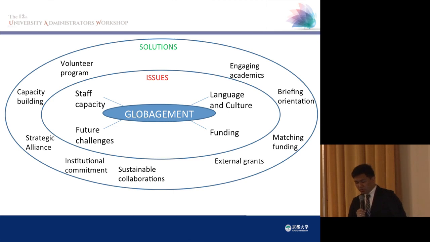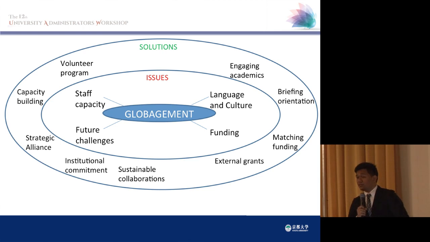Next is the briefing orientation as well. I'm sure everyone does this program before they send out their own students abroad. Next is funding. As I mentioned again before, funding is an issue for everyone, especially for exchange students who are not so well off in terms of their exchange programs.